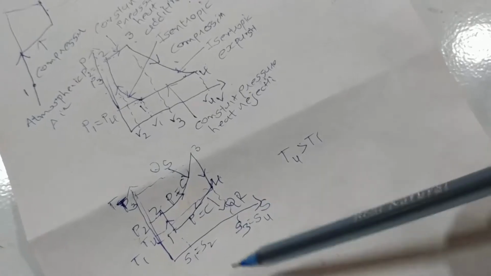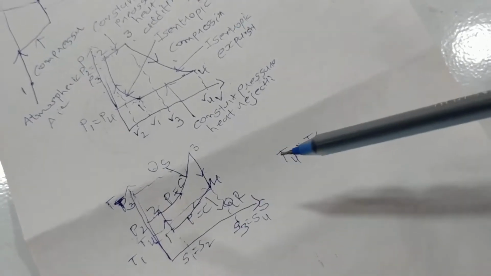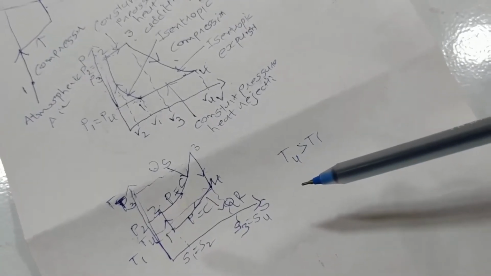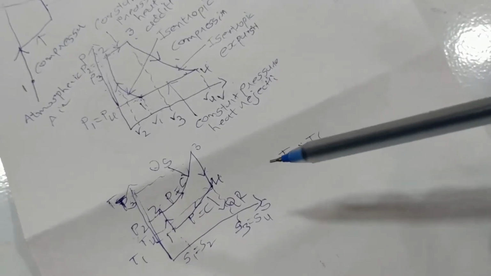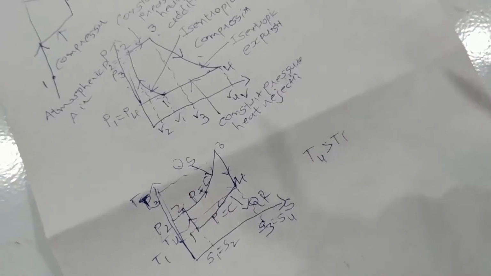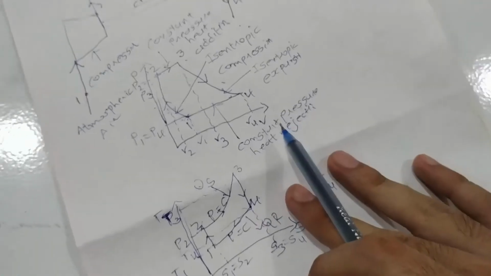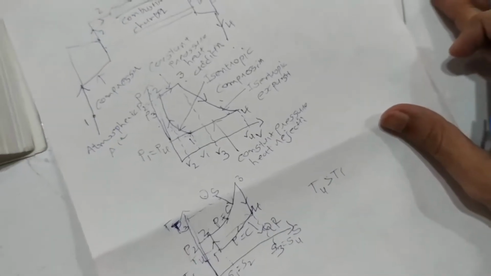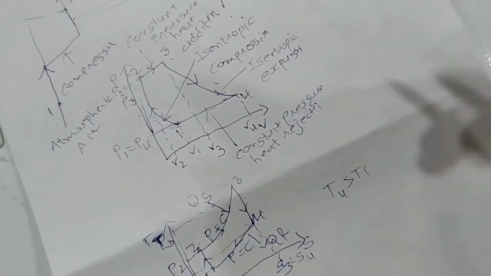So this is everything I know about the PV and TS diagram. I think you understand this PV and TS diagram before I start deriving this expression. And before I derive this expression, I want to give the names of these processes.